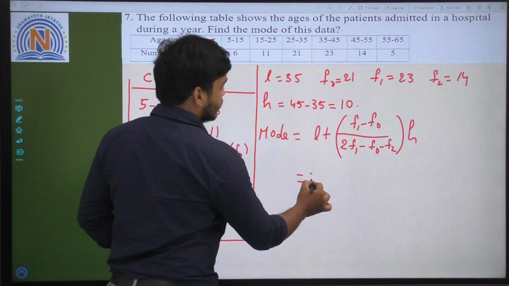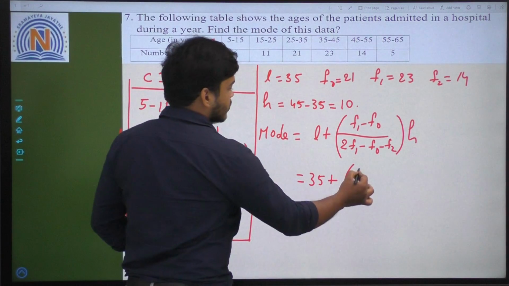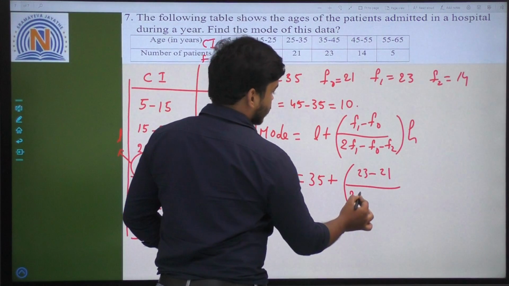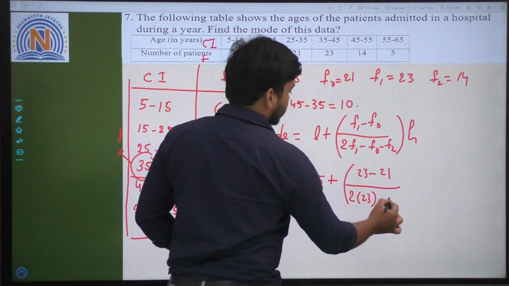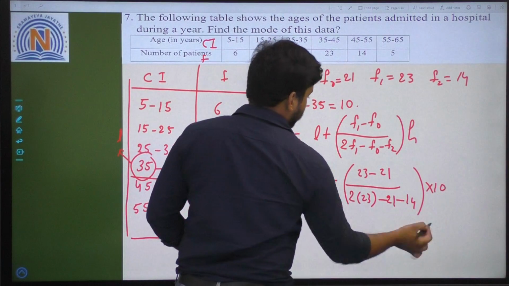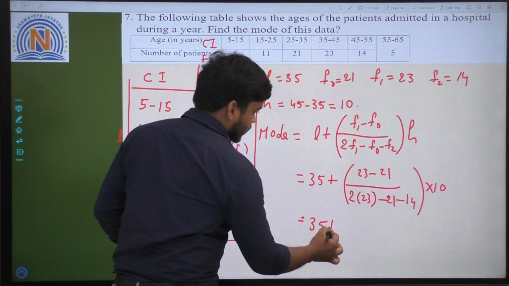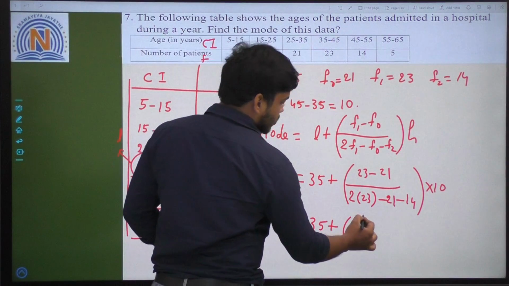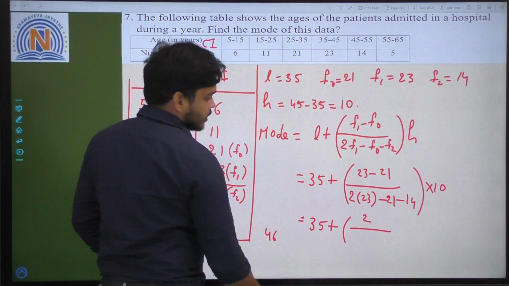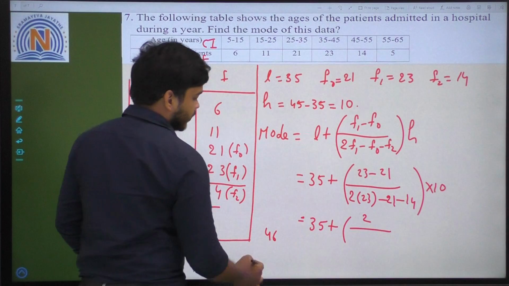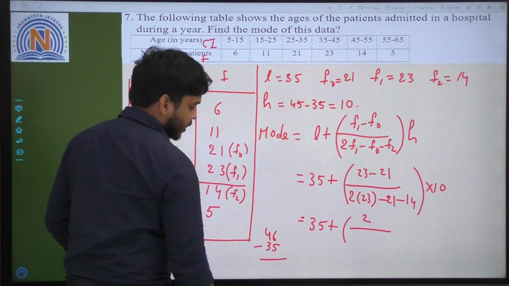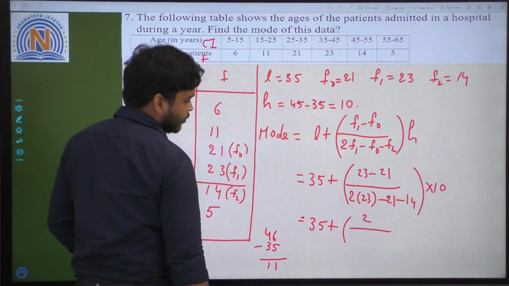So L is equal to 35 plus F1 is 23 minus F0 is 21, by 2 into F1 which is 23, minus F0 which is 21, minus F2 which is 14, into H which is 10. So 35 plus 23 minus 21 is 2, by 2 into 23 is 46, and 46 minus 21 minus 14, that is minus 35, gives 11.